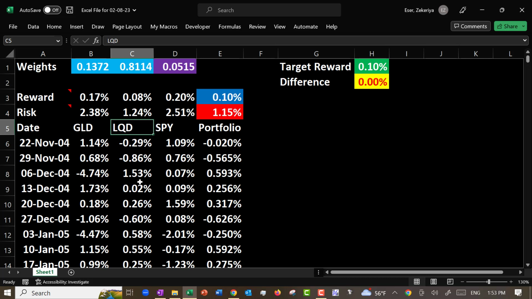Efficient means it is not inefficient. That's a different definition. It says you can't find any portfolio that dominates both in reward and return. Can you say that a portfolio that consists 100% in LQD is efficient or inefficient?